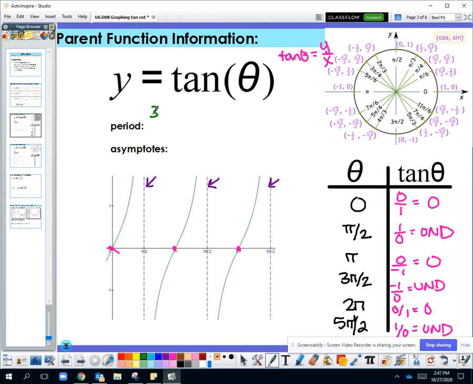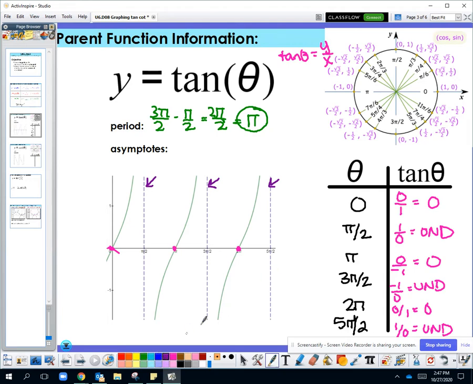The way we're able to complete one full wave is I would take those two values and subtract them, and that occurs within pi of one another. So instead of the period being 2 pi, the period for tangent, this happens quicker, is just pi. And then for my asymptotes, I see 3 labeled.